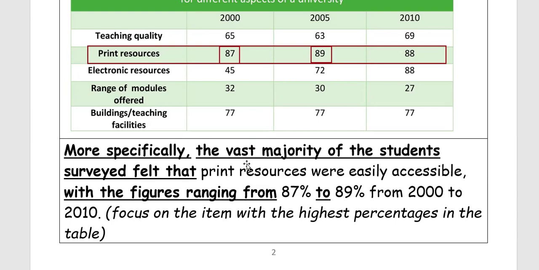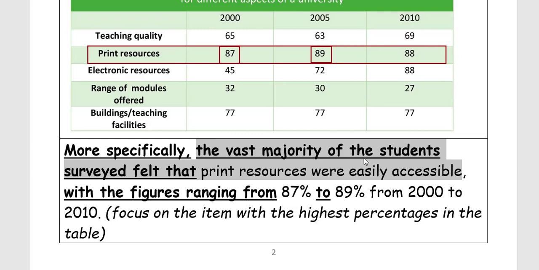In the next paragraph, we need to be more specific. So more specifically, the vast majority of the students surveyed felt that print resources were easily accessible. Now, the vast majority of, that means most students. Instead of writing most students, you can just write the vast majority of.